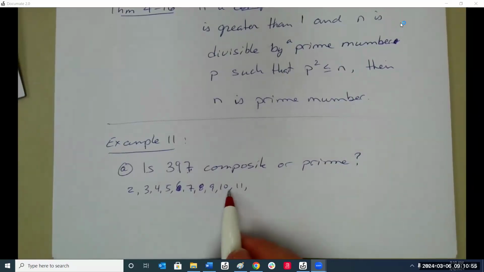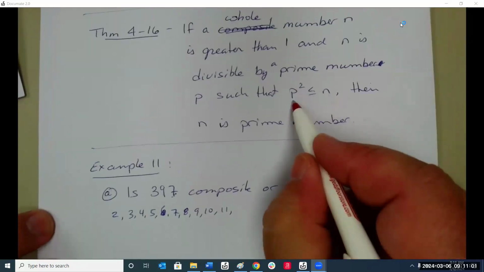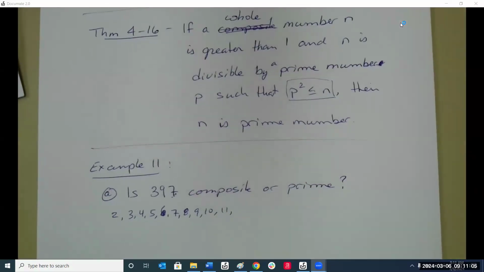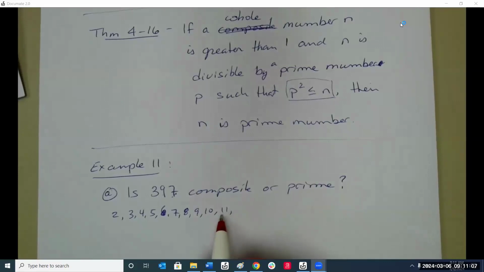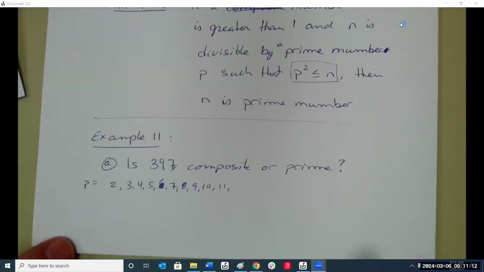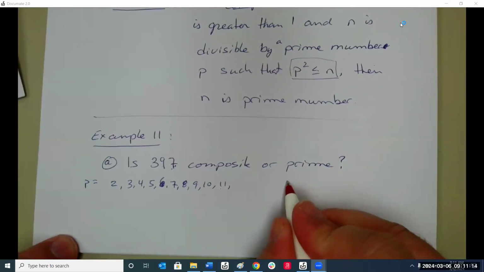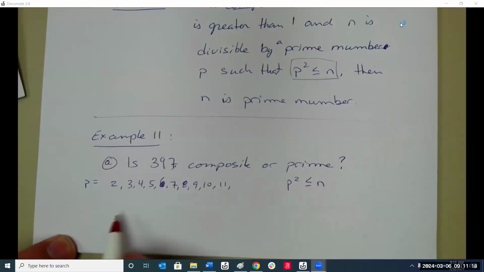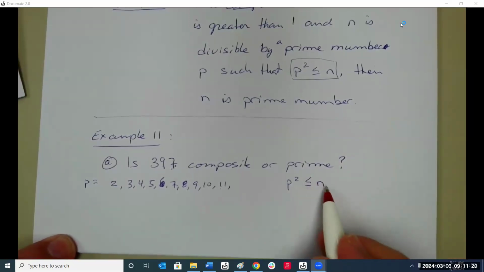When do we stop? At what point do we know it's going to be a prime number or not? These are our p's. We keep on going until we get to a p value, and when we square it, it's greater than n.